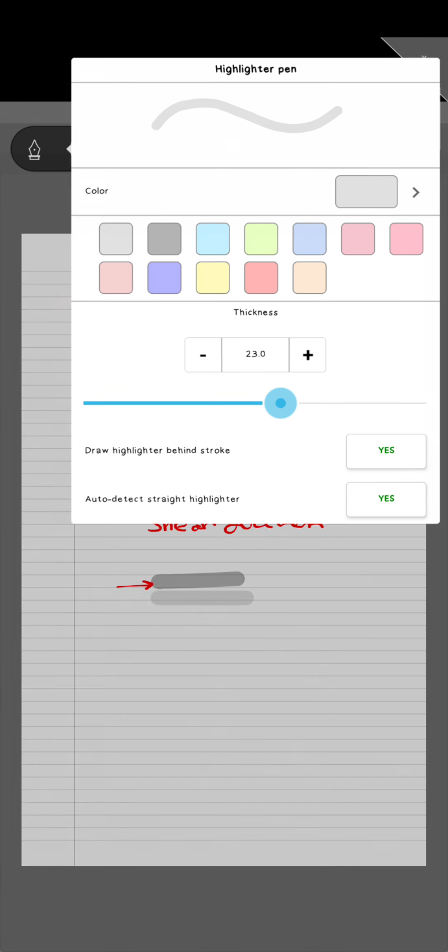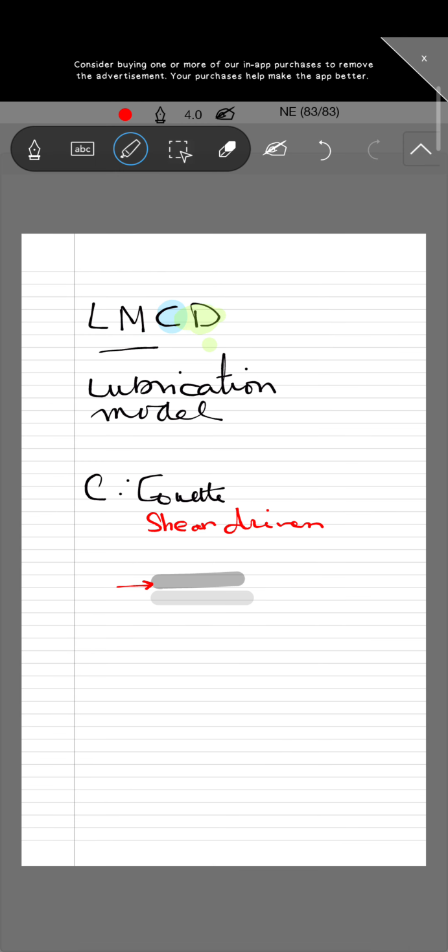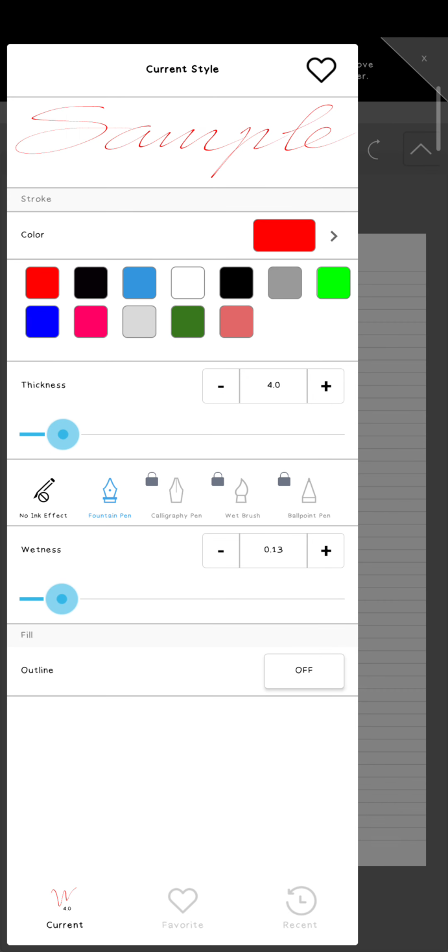The other type of flow, the D flow, is mainly the drag flow, and this drag flow is induced by an external force like gravity or surface tension. Now this LMCD is mainly applied in cases where there is something called thin film lubrication taking place.